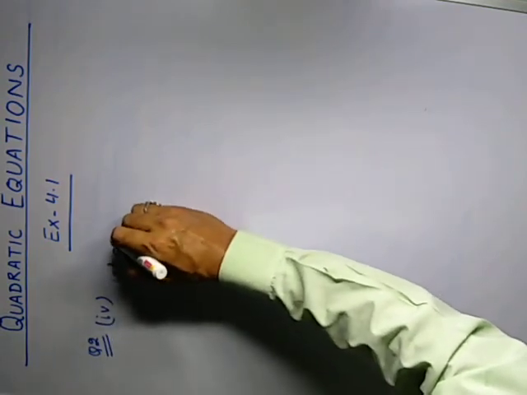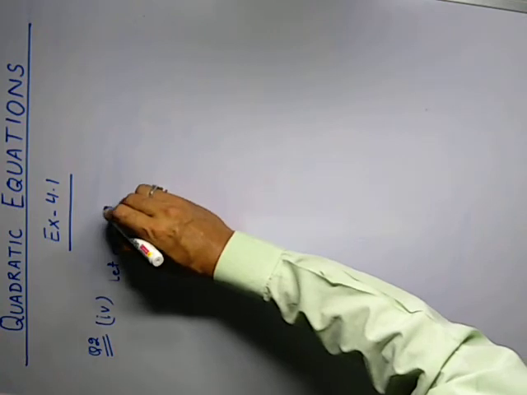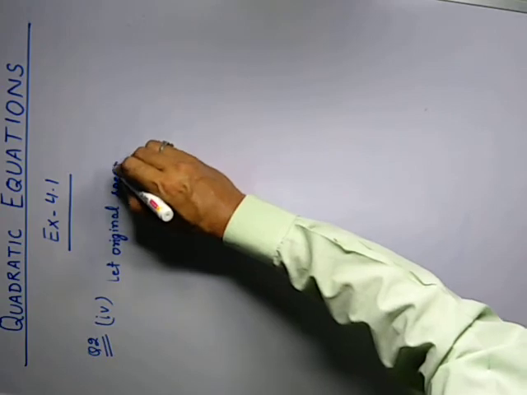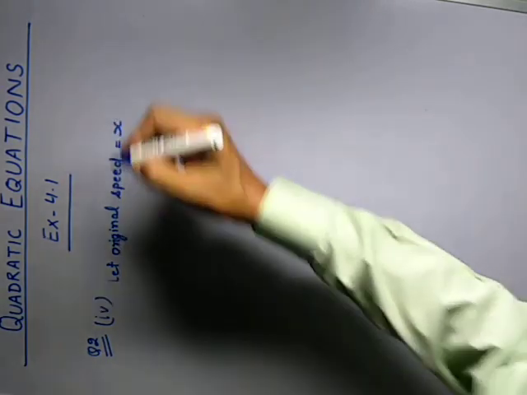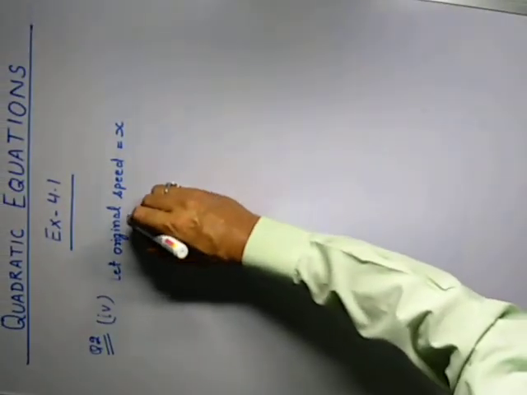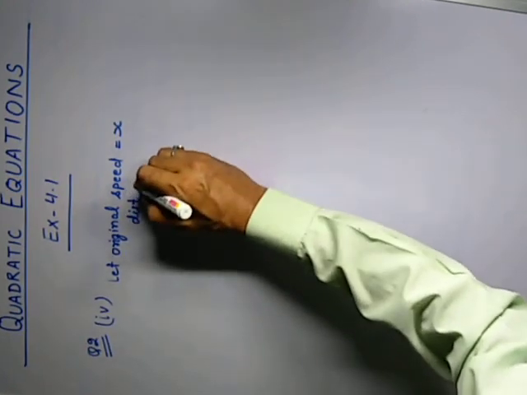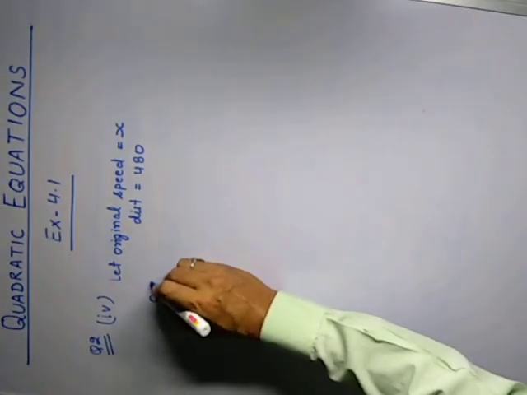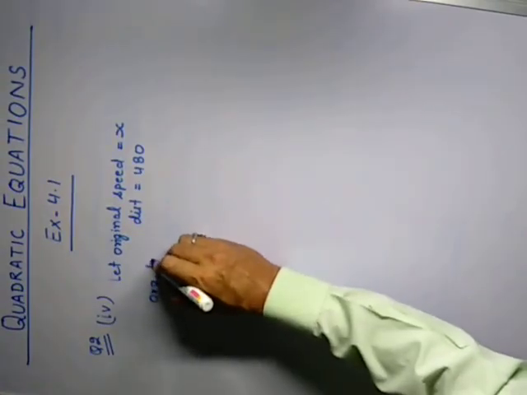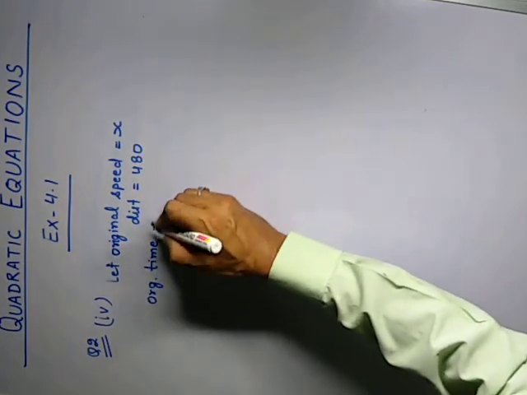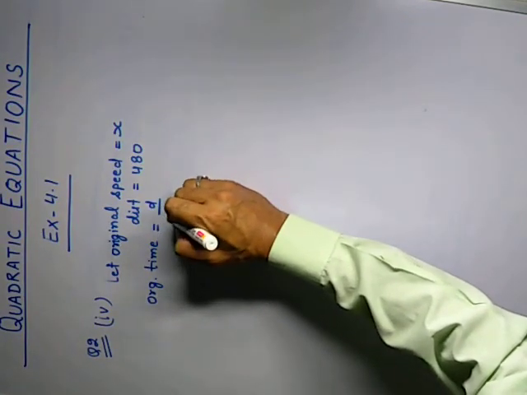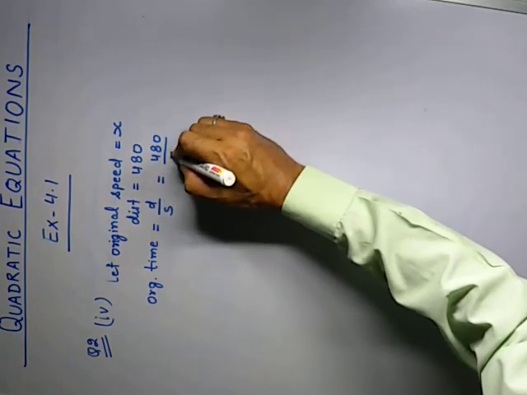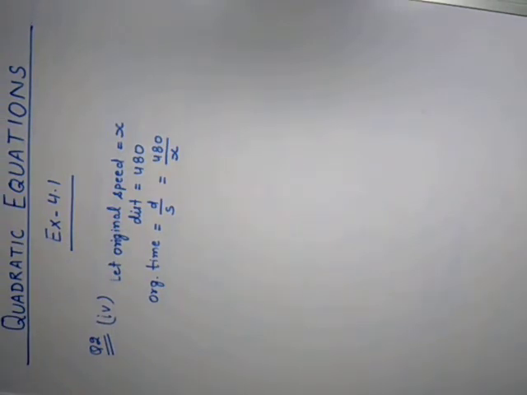So let original speed equal x kilometer per hour and distance is given 480 kilometers. So original time, since time equals distance upon speed, will be 480 upon x. This is the original time.